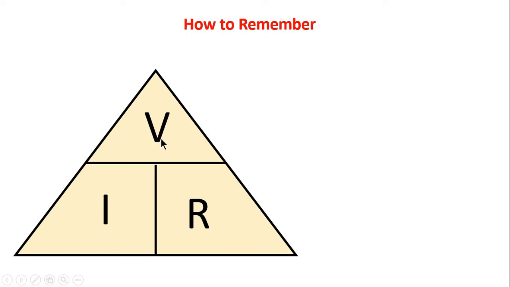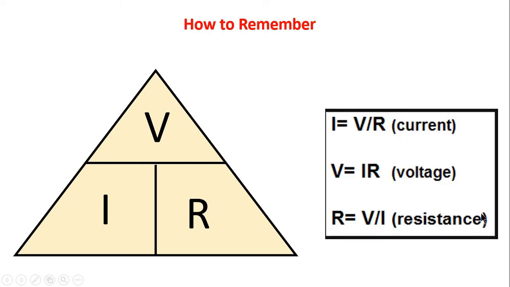The voltage can be calculated just by hiding the term V, and the remaining two terms will give us the voltage value. In the same way we can calculate I and R.